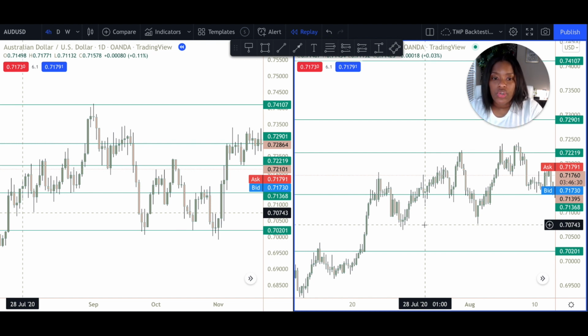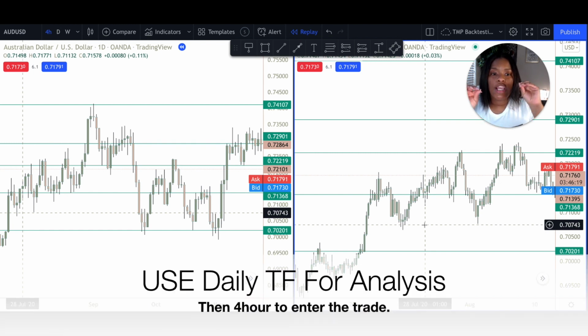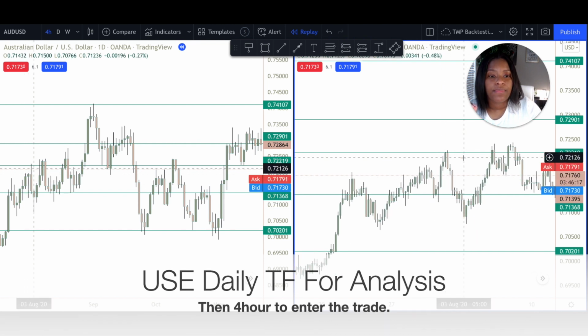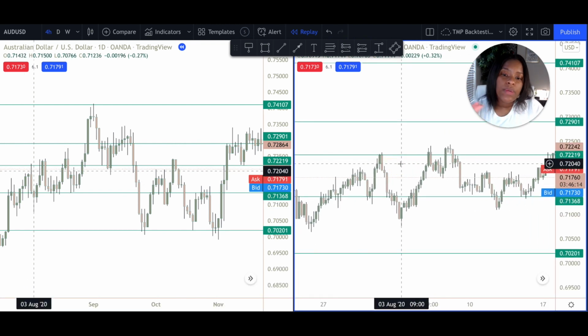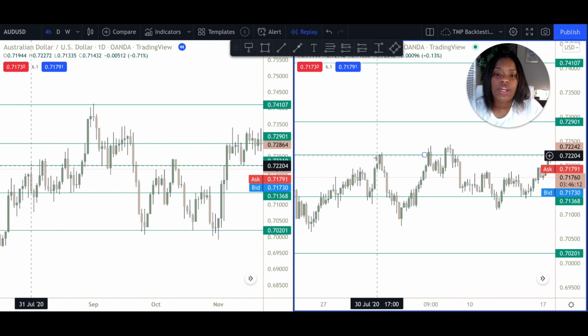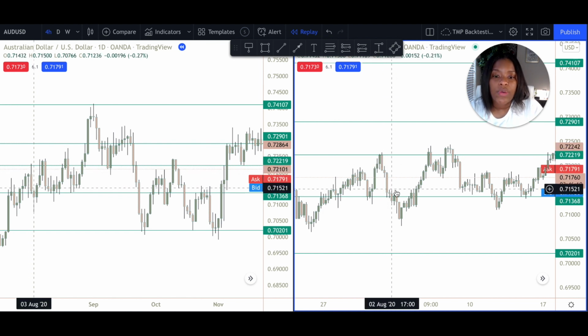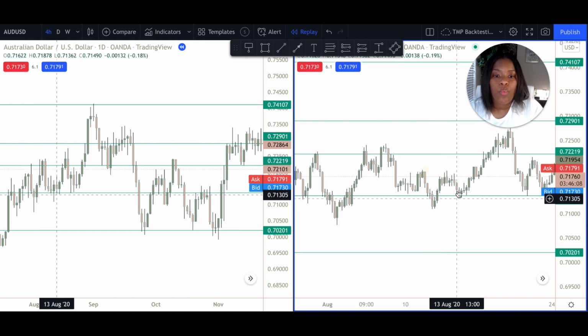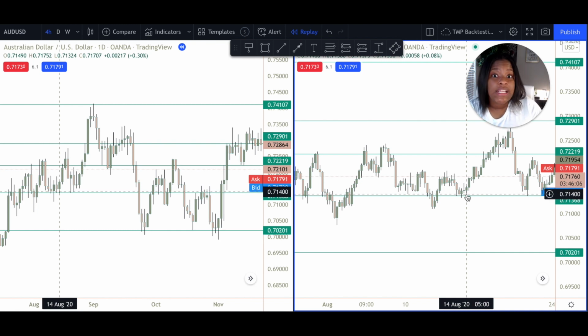So if you're a new trader and you're just beginning, here are the time frames that I would say you should use first. Use the daily time frame to plot support and resistance, and then use the 4-hour time frame to enter. One of the reasons why you want to stop here to enter trades is because you can actually see price reject these areas very well, where you really wouldn't need to drop down.